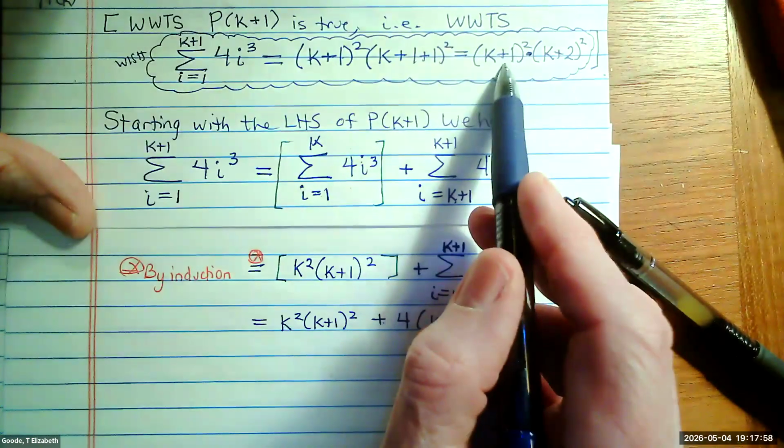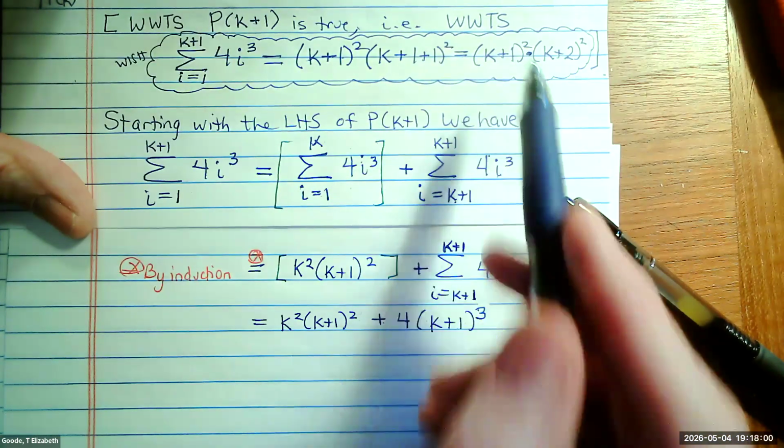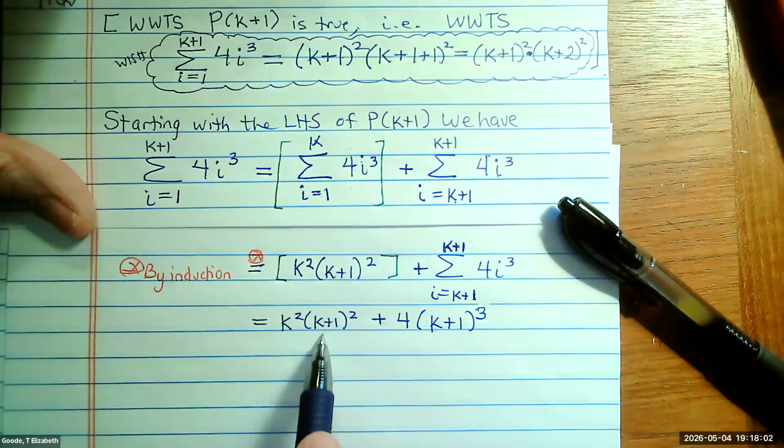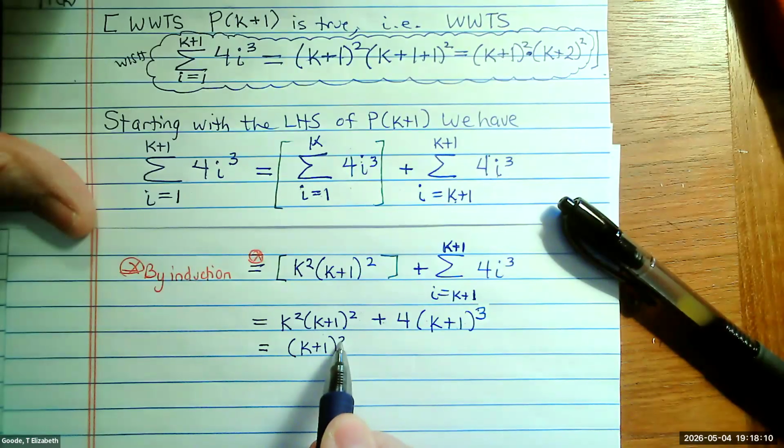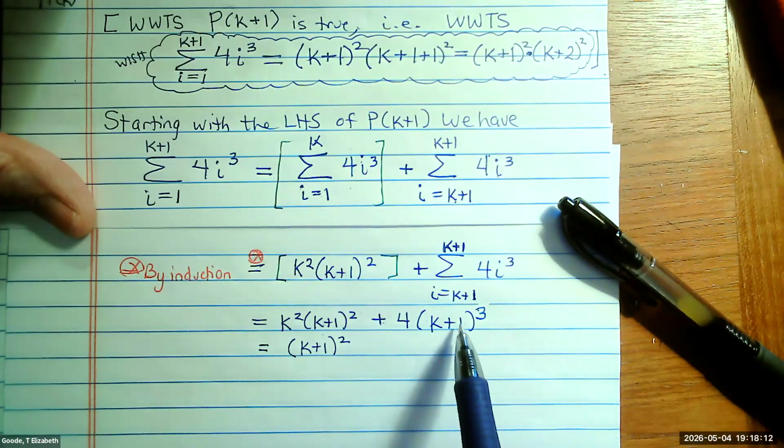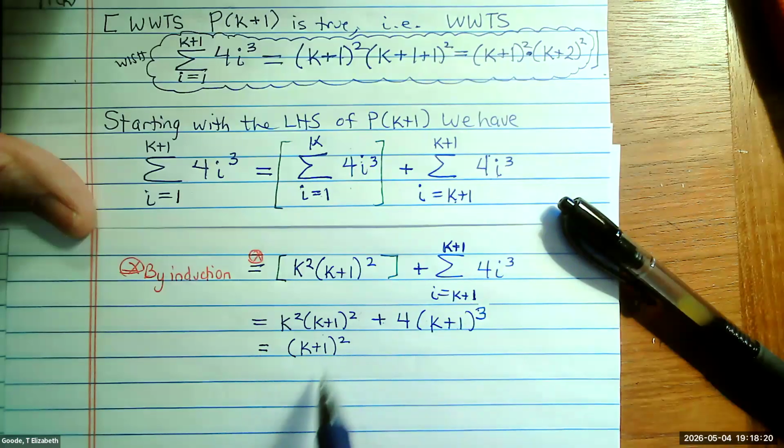We know we're going to need a factor of k plus 1 squared. Do you see a factor of k plus 1 squared here? I do too. Do you see a factor of k plus 1 squared here? In fact, we've got 3 k plus 1 factors, don't we? So when we factor out the k plus 1 squared from here, what is left over?